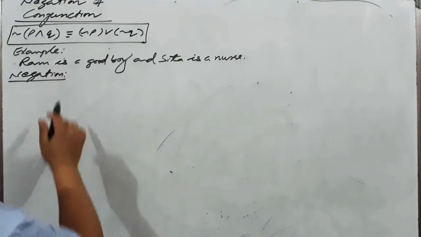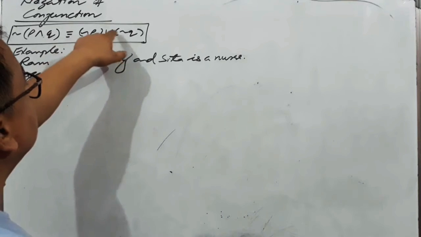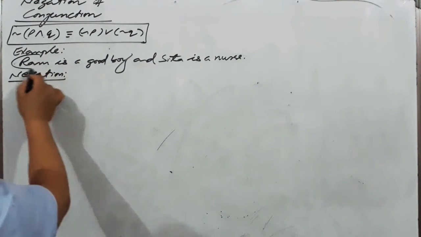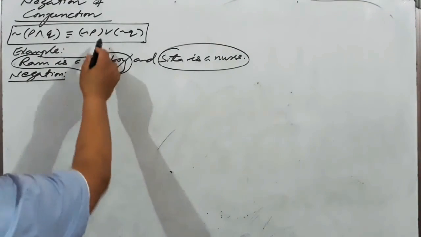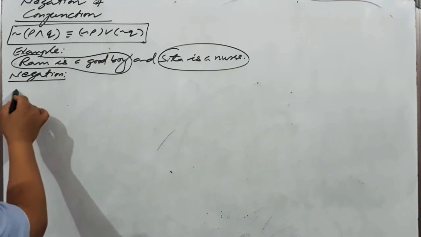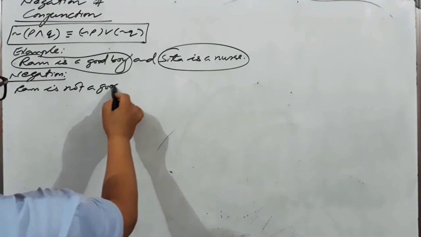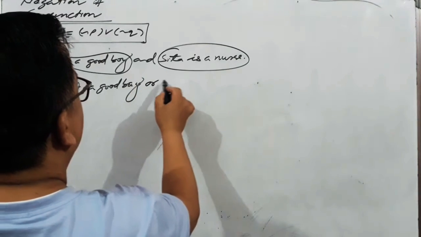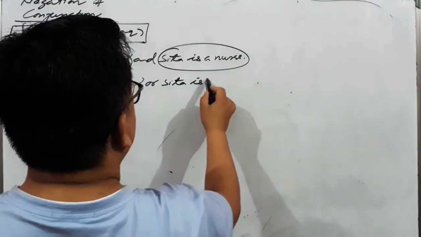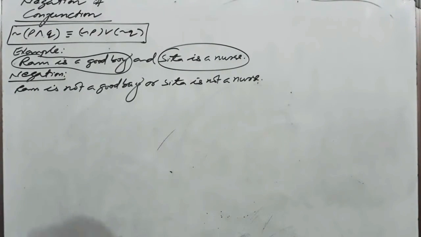Use this formula: negation of conjunction means negation of P or negation of Q. This one is P, Ram is a good boy, and this one is Q. Negation of P becomes Ram is not a good boy, or Sita is not a nurse.